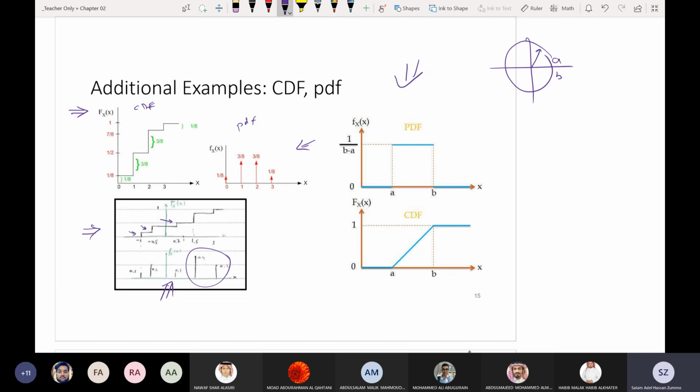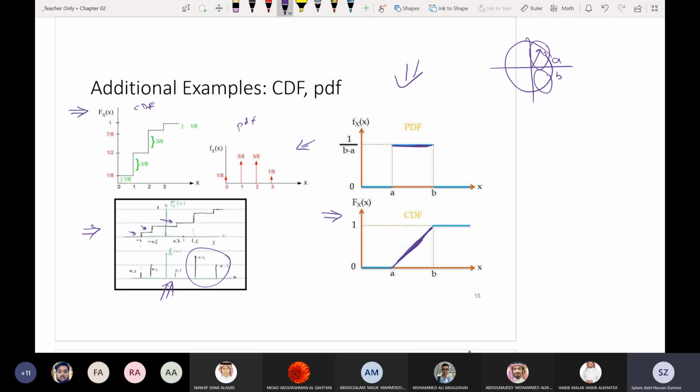So you can stop at any real number between A and B. In this case, it is equally likely that you stop at any number. هذا نسميه uniformly distributed. ما في أي شيء يخلي الويل يوقف في المنطقة هذه أكثر من المنطقة هذه. They are equally likely. And because of that, the CDF looks like linearly increasing by increasing x.